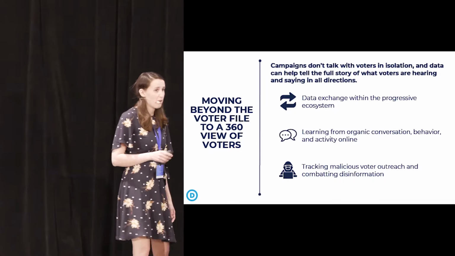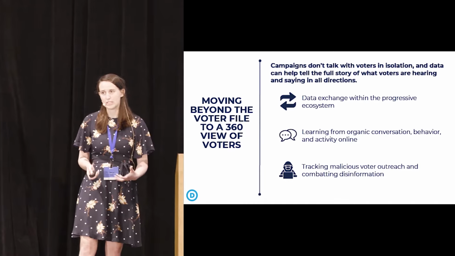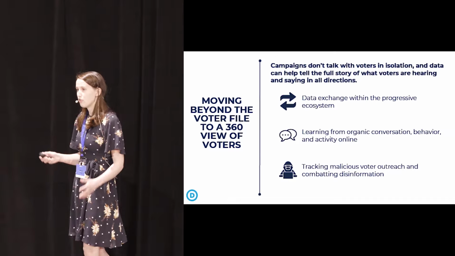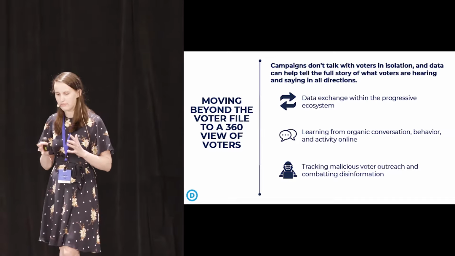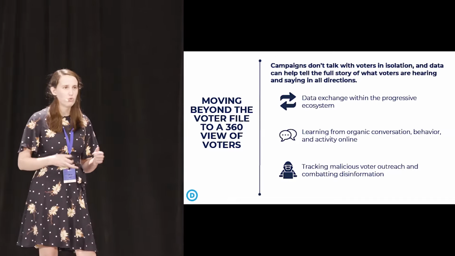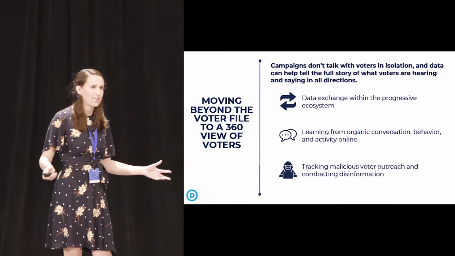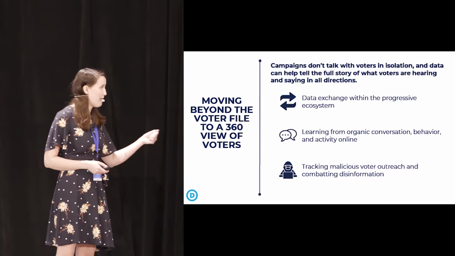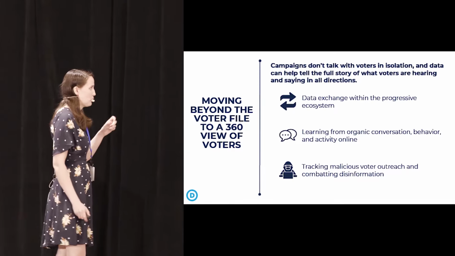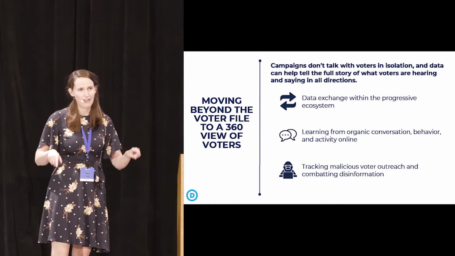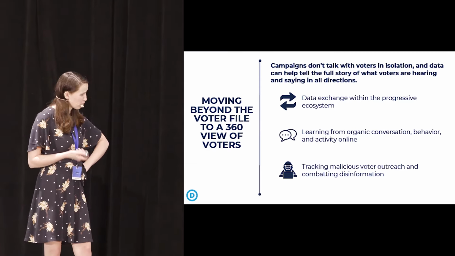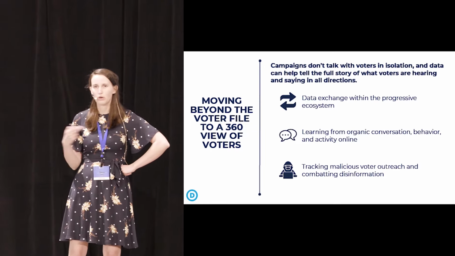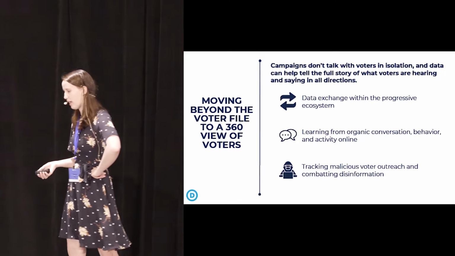When we start to think about measuring online engagement in a really serious way, we need to start moving beyond that voter file contained view of people, to understand more holistically how people are interacting in the world, whether or not we're able to map them directly back to a human on the voter file in that foundation of democratic data. This starts with understanding how we as campaigns are engaging with voters online.